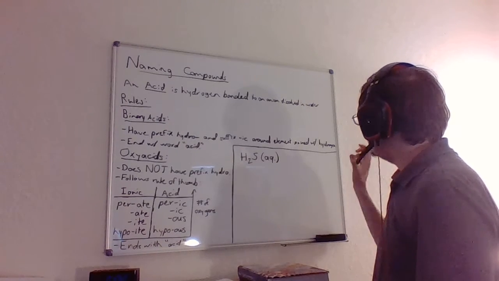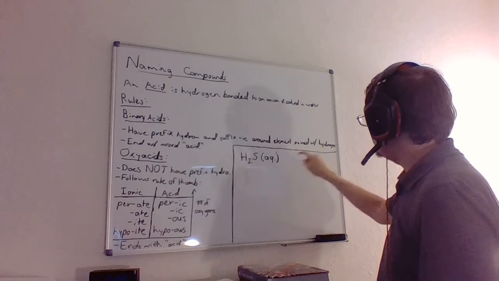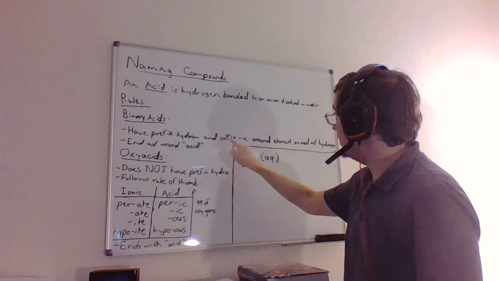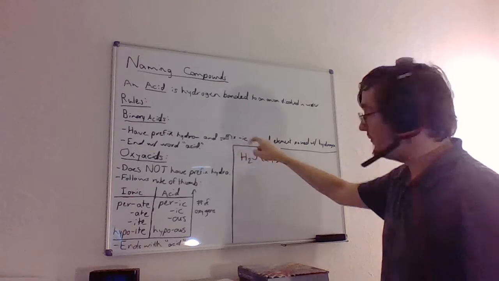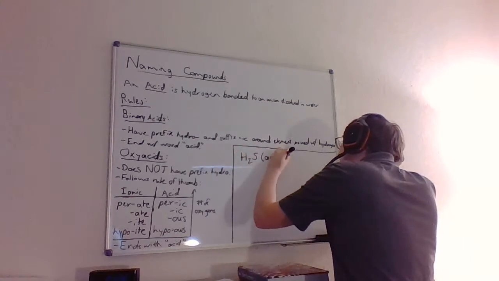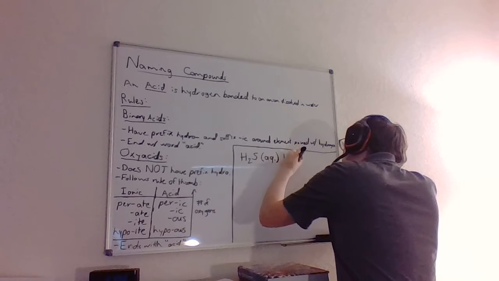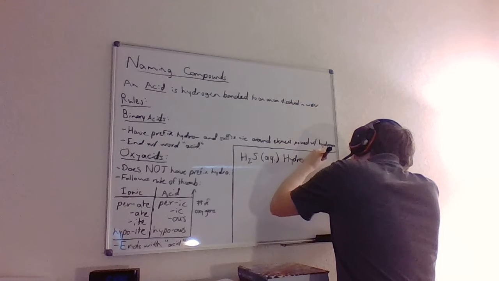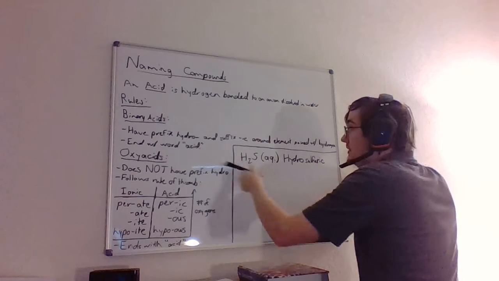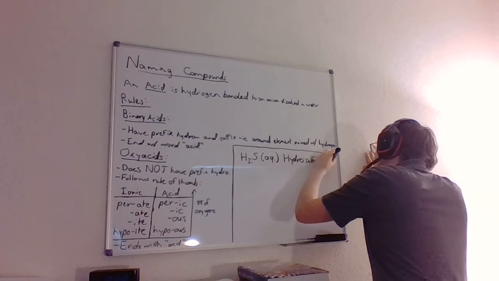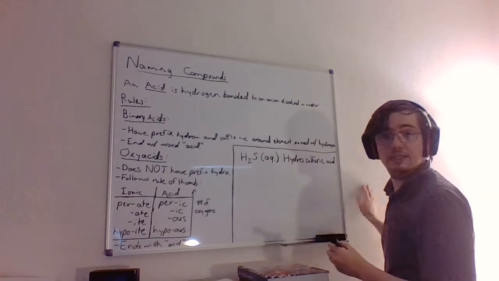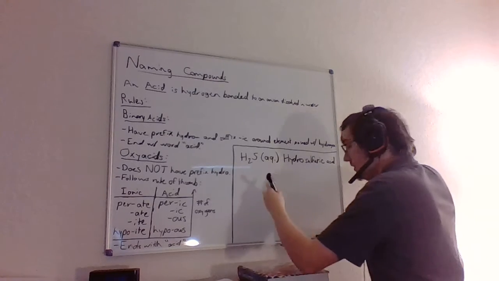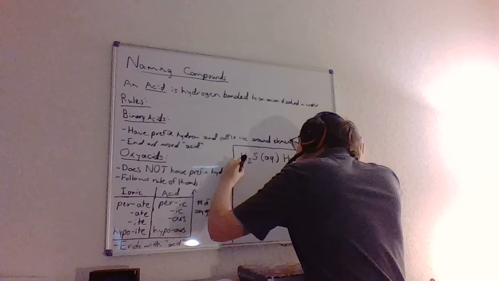Because the element paired with hydrogen is sulfur, we would end up with hydrosulfuric, all one word, and then end with the word acid. And that would be the name of H2S: hydrosulfuric acid. Now let's move on to another example.